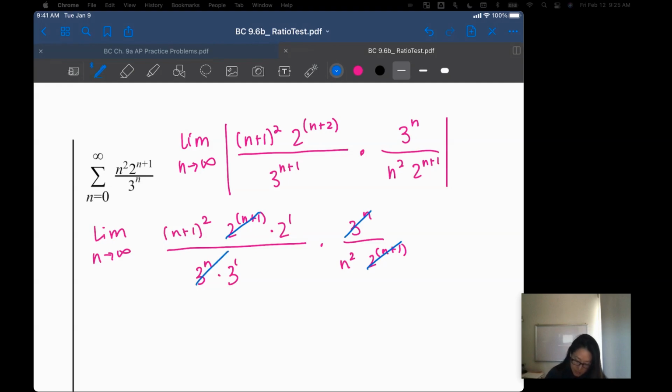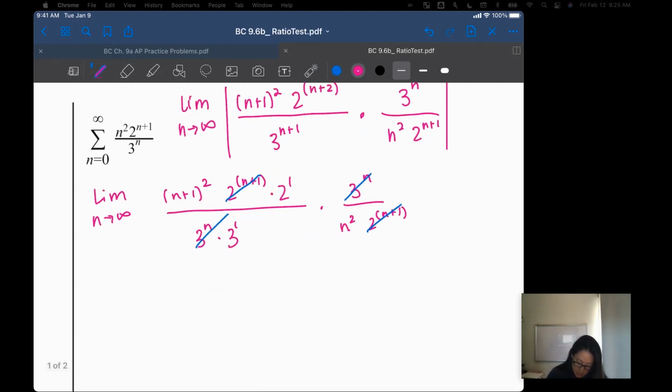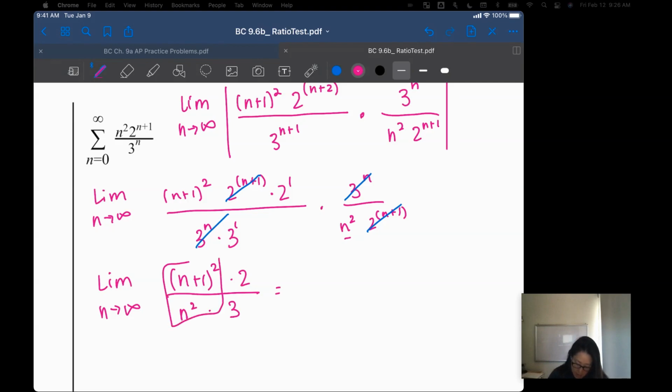Okay, and I think that's it. So let's see. The limit as n approaches infinity of n plus 1 squared times 2 all over, let's see, n squared times 3. Okay, so this is ETC because right here my highest terms are n squareds.